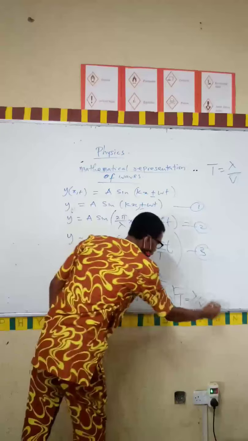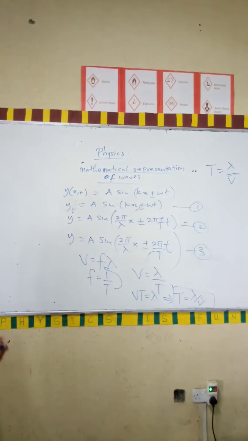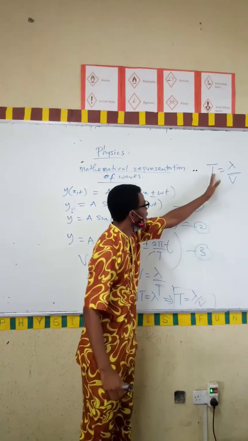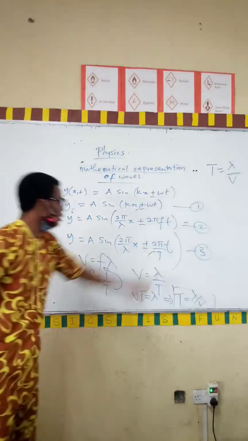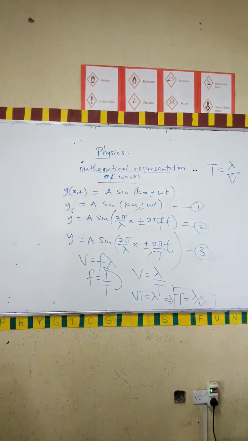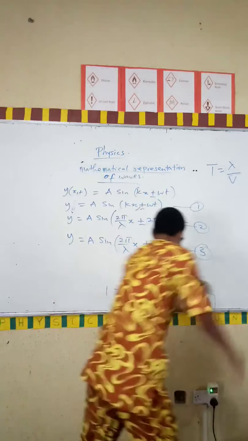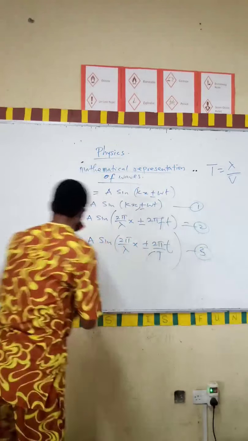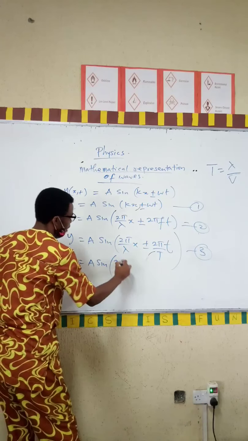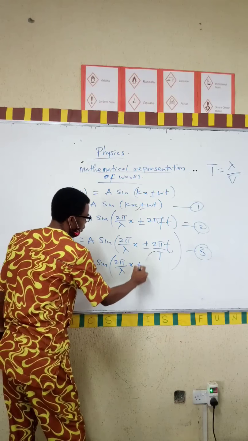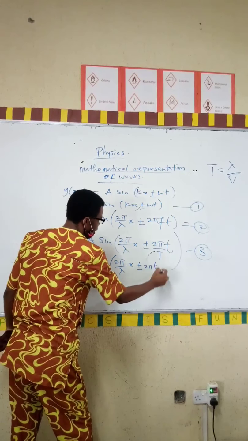So don't forget, period T equals lambda over v. I can decide to change the T here, and I'm going to have another wonderful equation. If I do that, I'm going to have y = A sin(2 pi over lambda x ± 2 pi t over (lambda over v)).